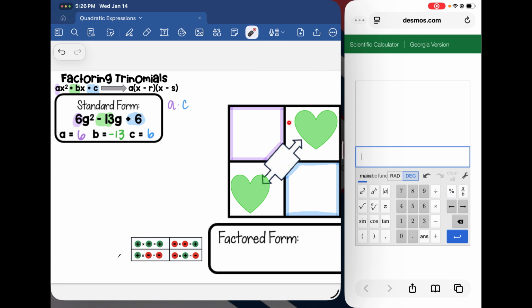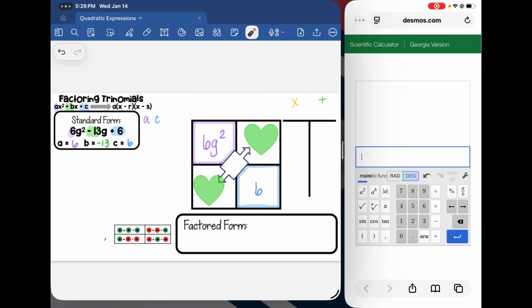I'm going to go ahead and partially complete my area model, putting which term in the first upper corner, your quadratic, which is 6g squared, and which term in the bottom corner, your constant, which is a positive 6. To rewrite my b term as 2 terms, I must first find 2 numbers that multiply to a times c and add to my b term.